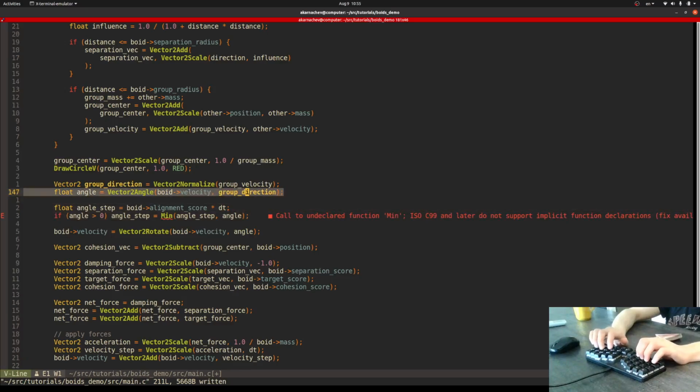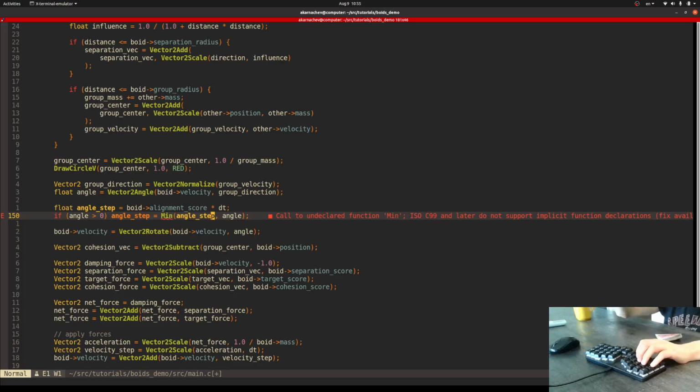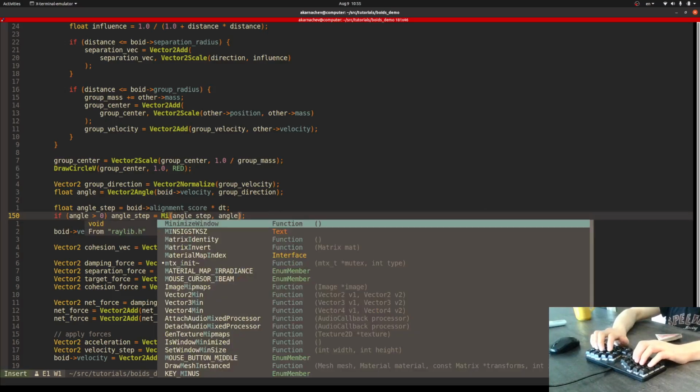So for example, if the angle is 90 degrees and angle step is, for example, 5 degrees, the step I can rotate on is just the minimum value between angle step and angle. Angle is 90 degrees, angle step is 5 degrees, I take 5 degrees. If angle is 3 degrees and I can rotate by 5 degrees, I basically rotate only by 3 degrees.